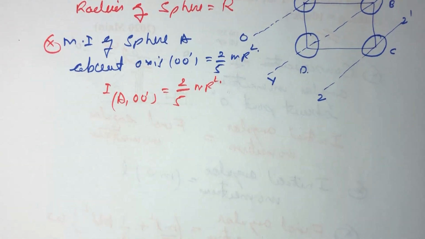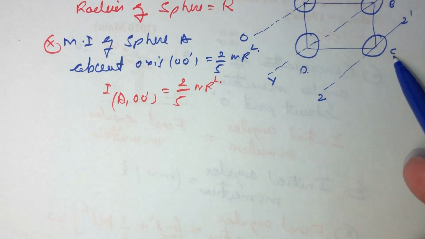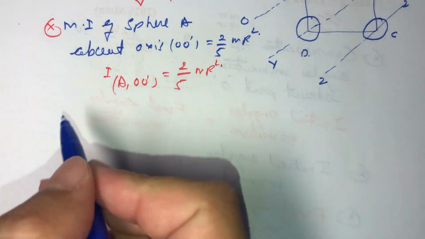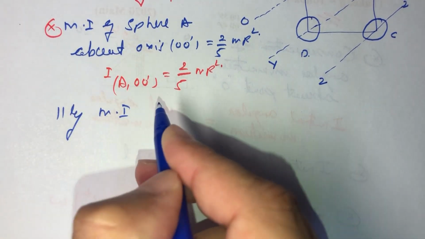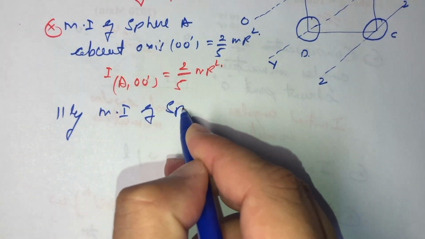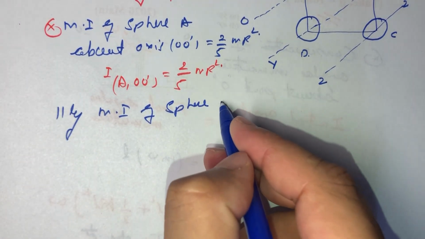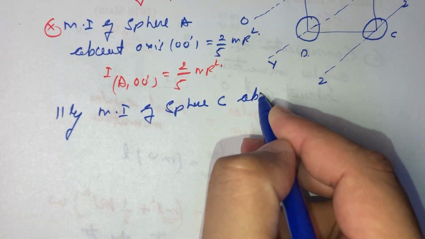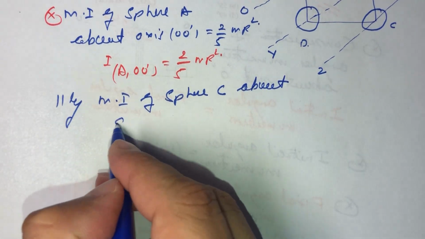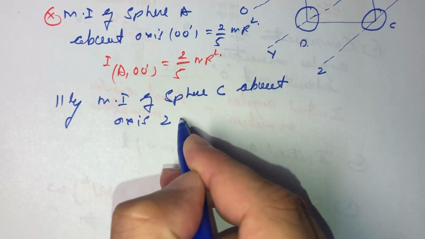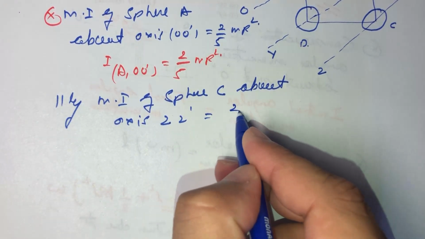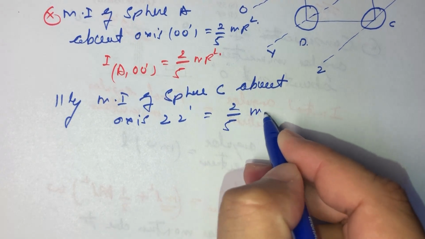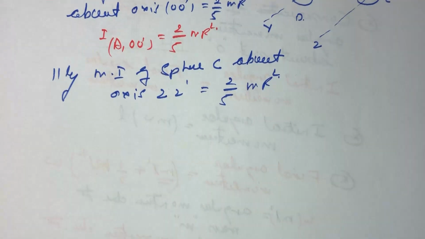Similarly, we can say moment of inertia of sphere C about axis ZZ prime will be also equal to 2 by 5 mr square.